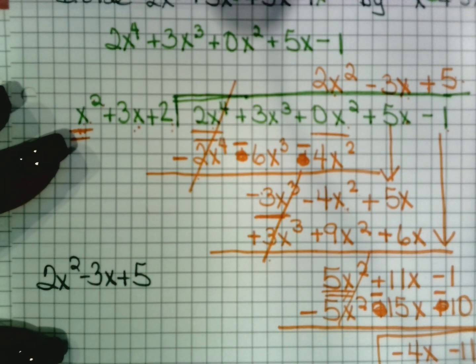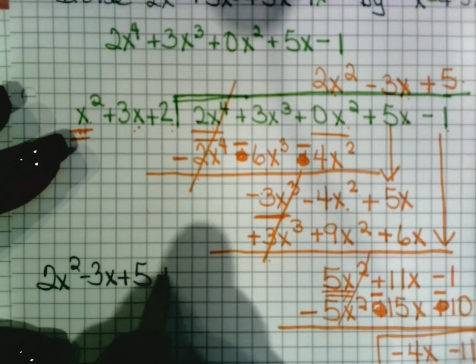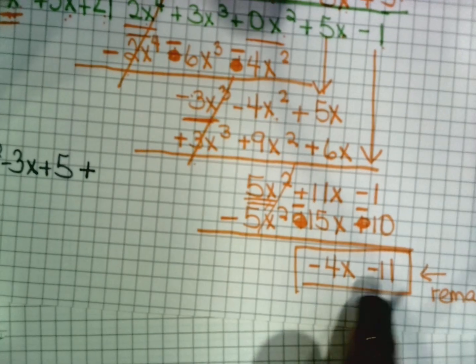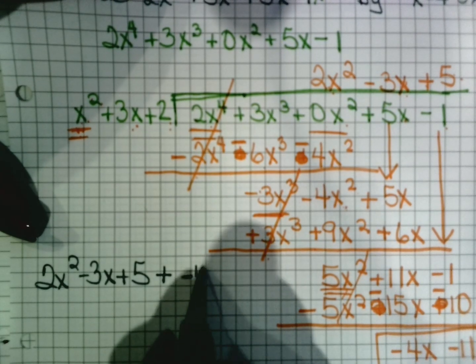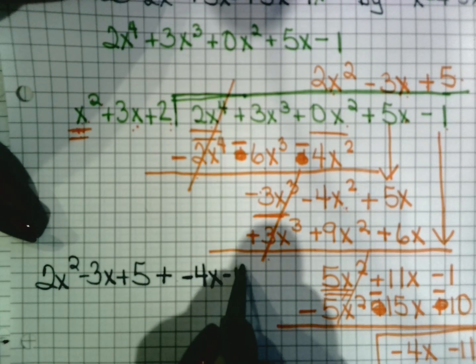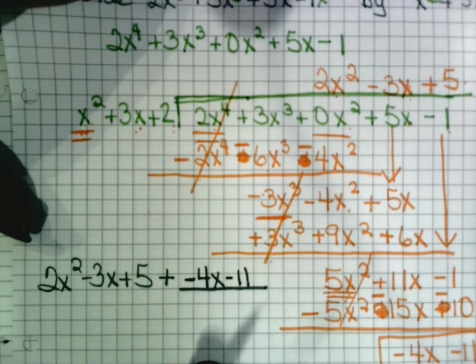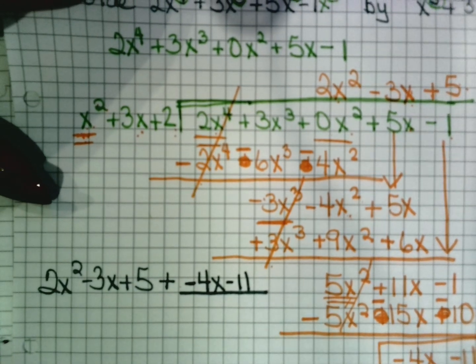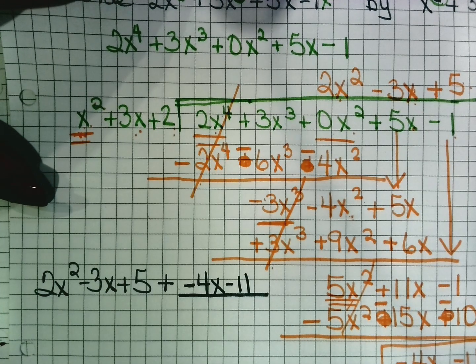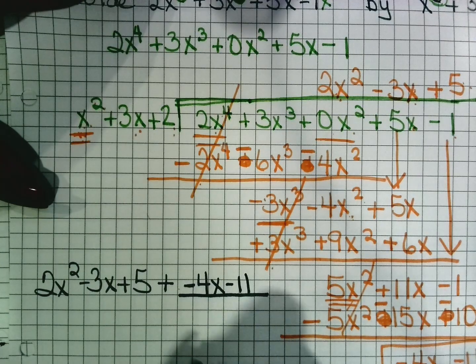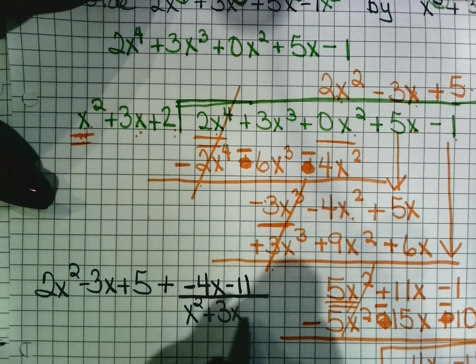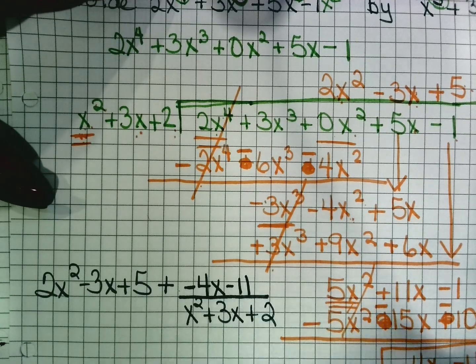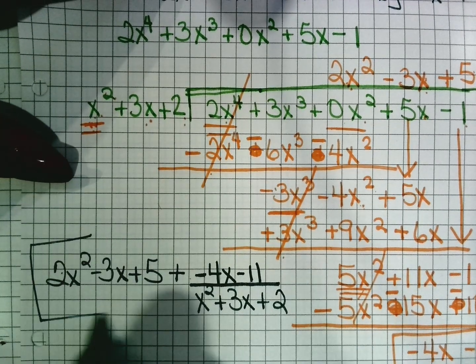And we're going to do a plus. We're going to put the remainder. The remainder is negative 4x minus 11. But just under the remainder part, you're going to put what you divided by, and you divided by x squared plus 3x plus 2. So this is your final answer.